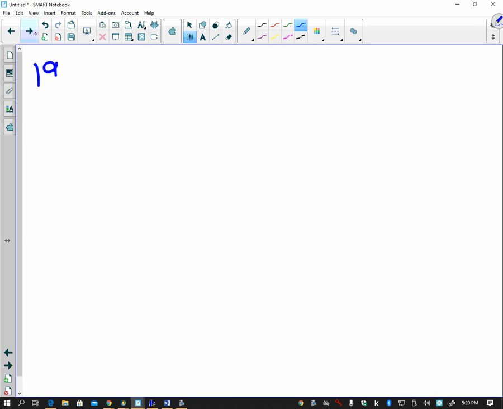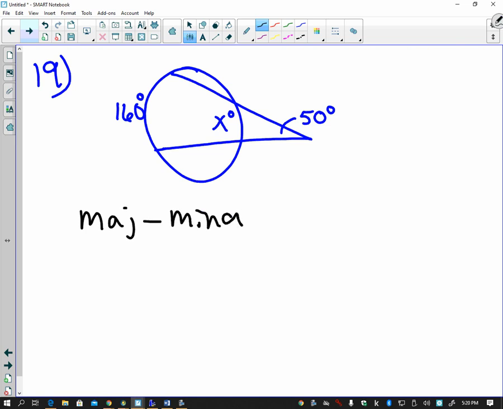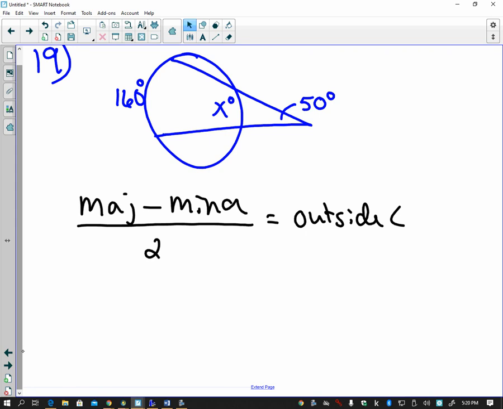We need number 19. It looks like this. We have 160 degrees here, we have x degrees here, and we have 50 degrees right here. So our formula is major arc minus minor arc, divided by 2, should equal our outside angle. So here we just substitute what we have.